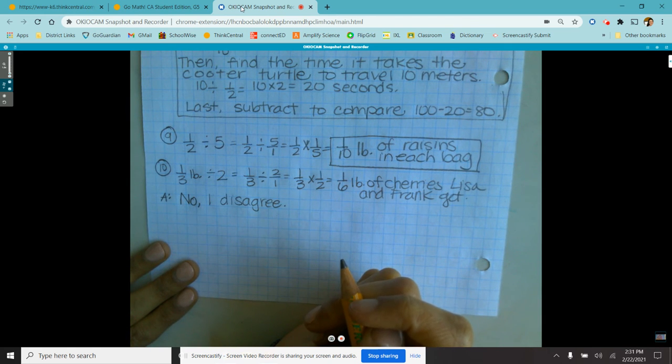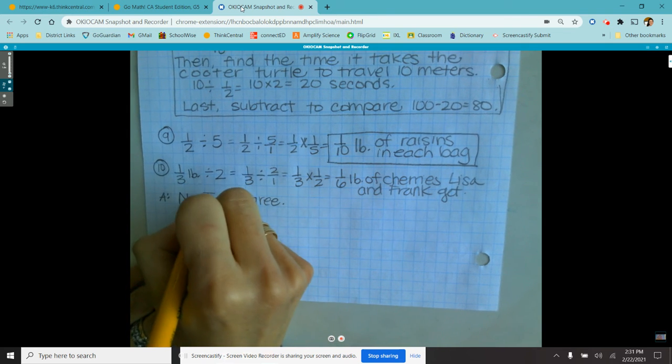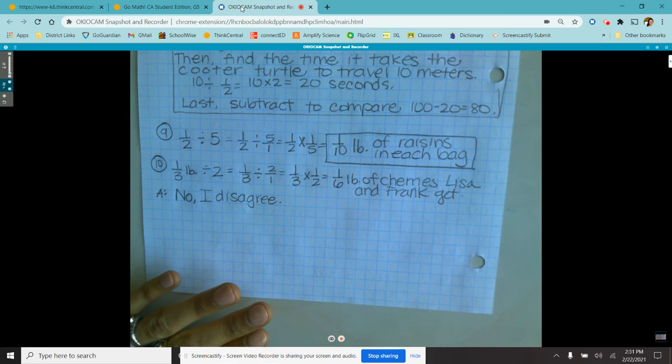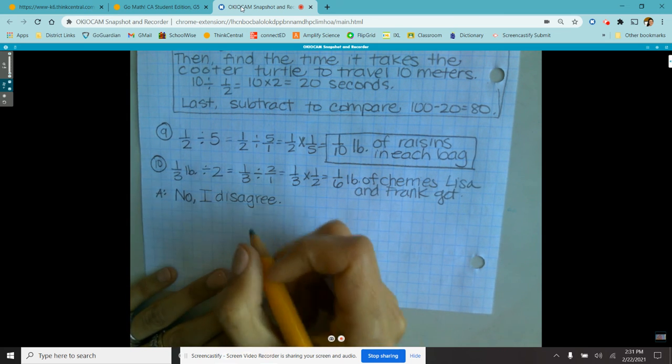Mrs. Green didn't teach it very well to her if Molly still doesn't understand. Divided by splitting it by people. All right, no, I disagree.